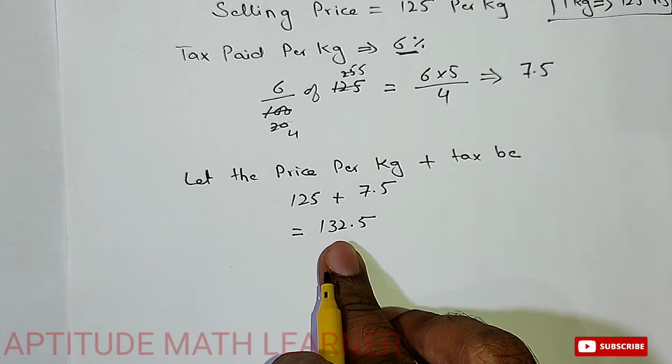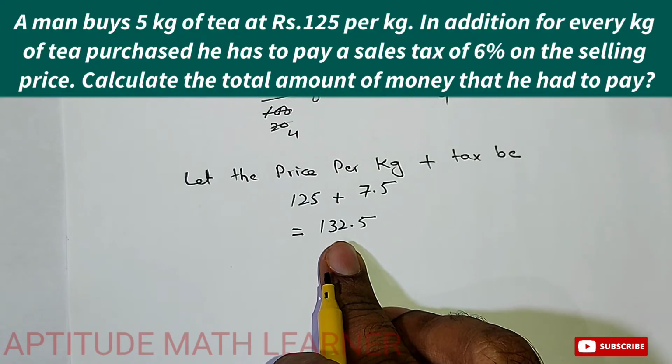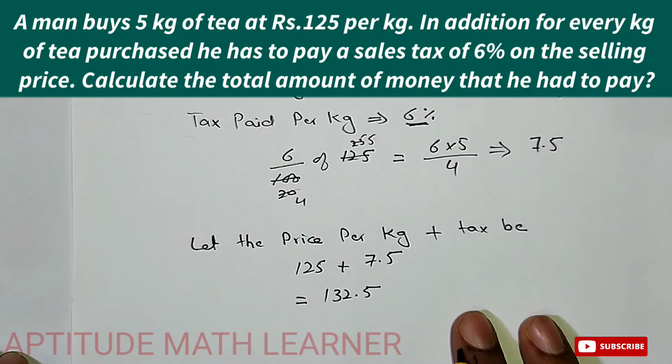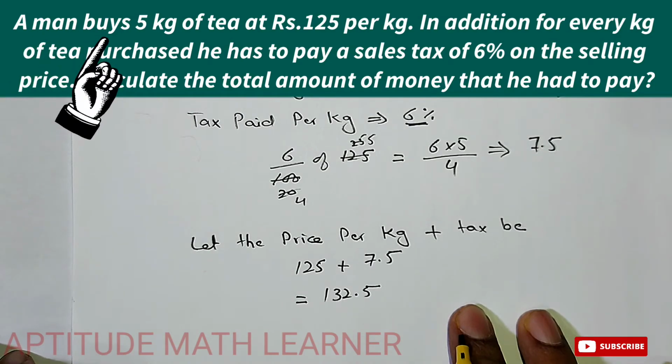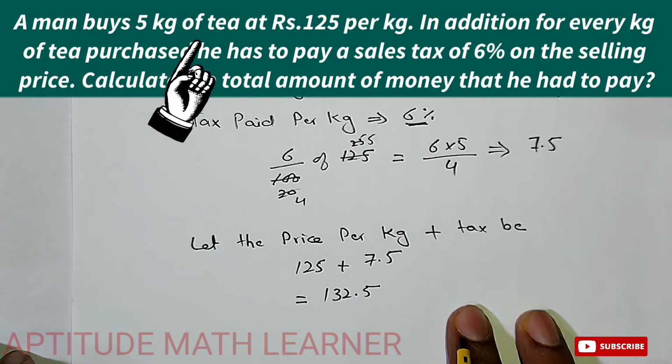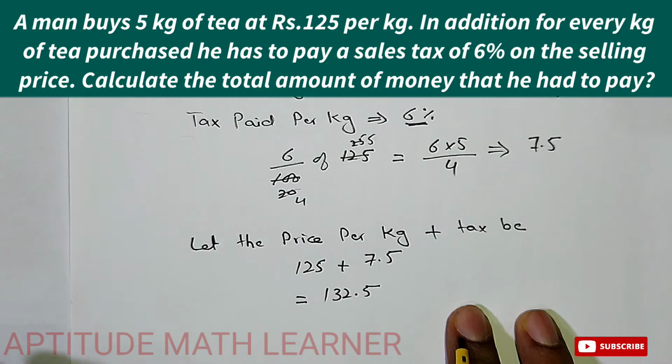And now if you look at the question, it says that a man buys 5 kg of tea. So the total quantity of tea that he has bought is how much? That is 5 kg. And for 5 kg we have to find out the total amount of money.